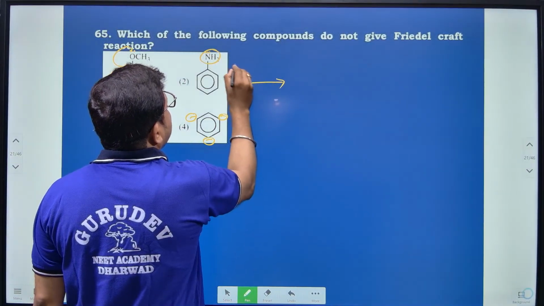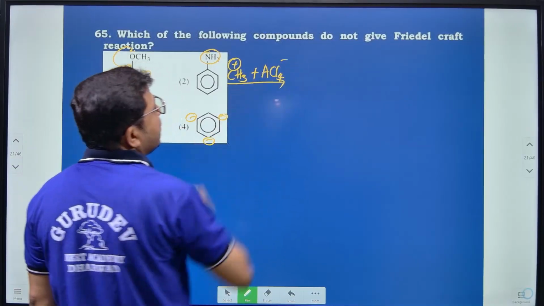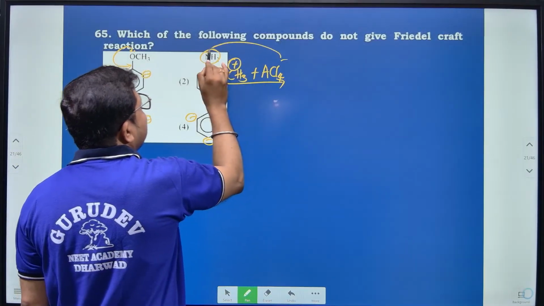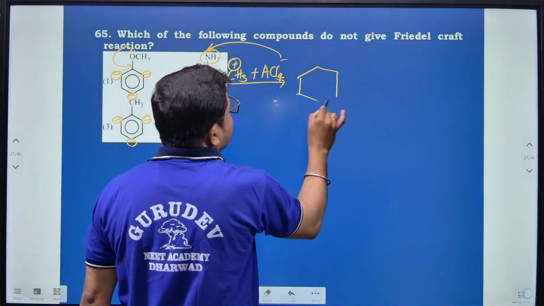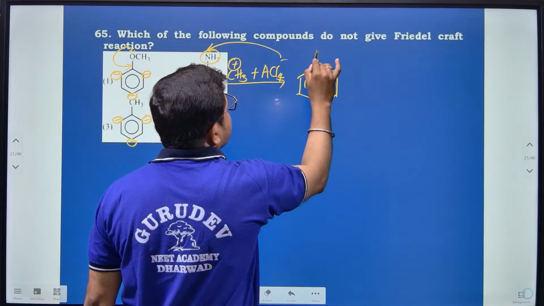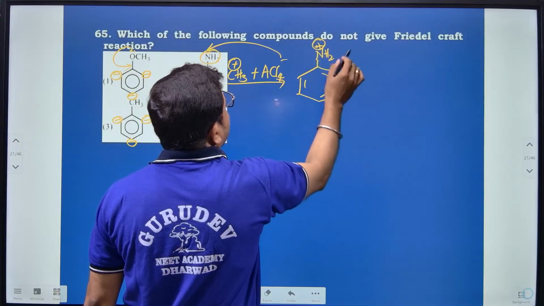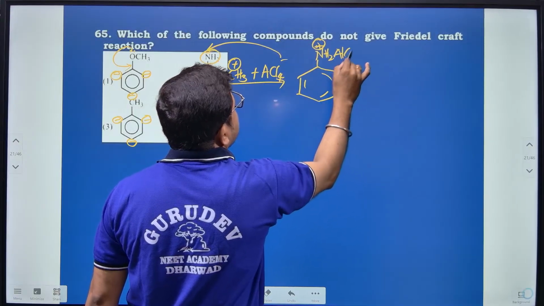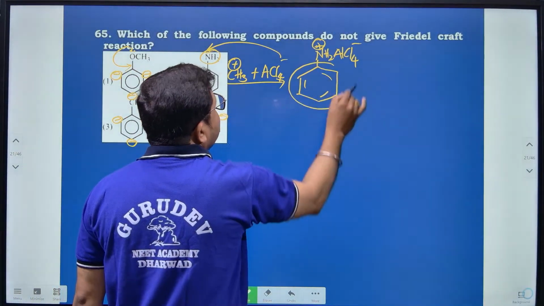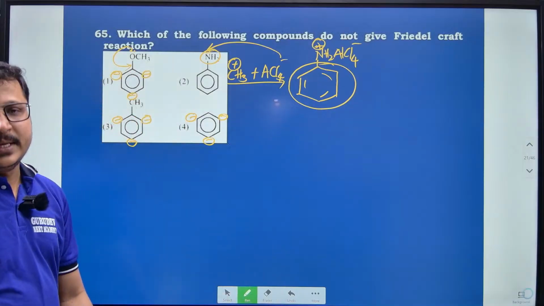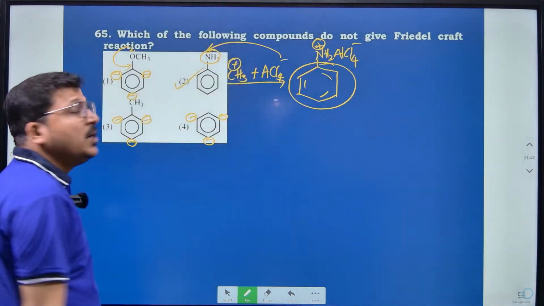We generate the electrophile here, and along with it a charge carrier is also generated, right? This charge carrier is directly attracted by the lone pair of electrons, hence it forms a compound like this, NH2+ and AlCl4-. Right? Due to this reason, the ring is deactivated completely. Hence, the right option is option number 2.